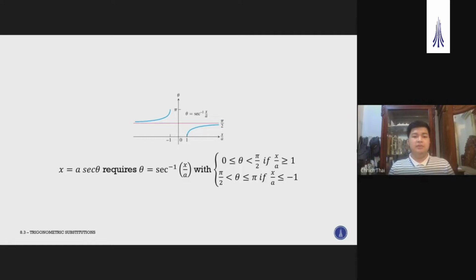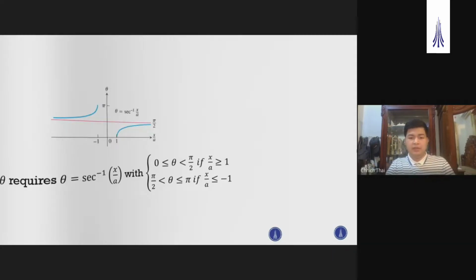For x equal to a secant theta, theta needs to be greater than or equal to 0 and less than pi over 2 if x over a is greater than or equal to 1, or theta needs to be greater than pi over 2 and less than or equal to pi if x over a is less than or equal to negative 1. So now we know how to set the value for theta for reversibility.